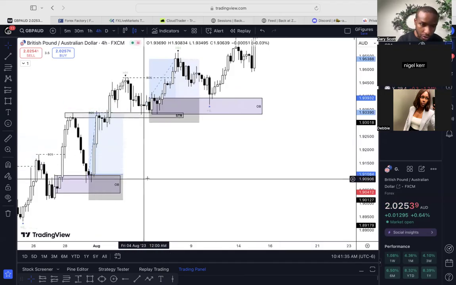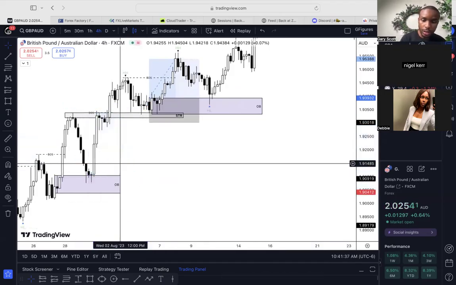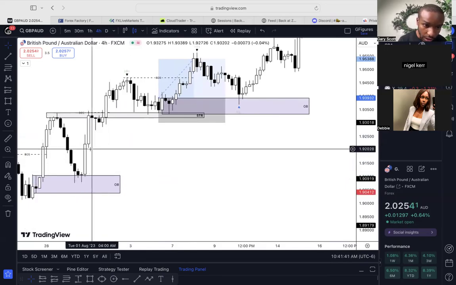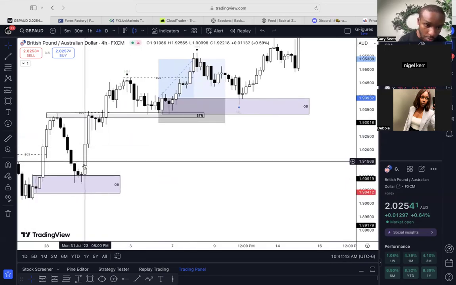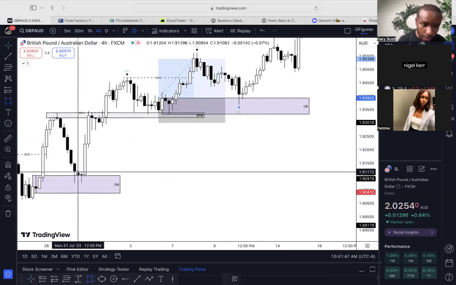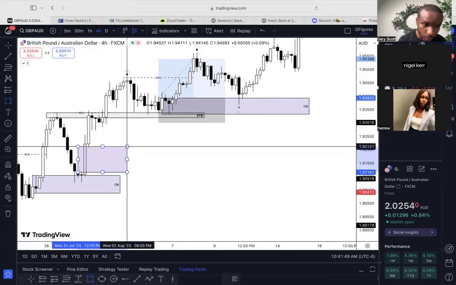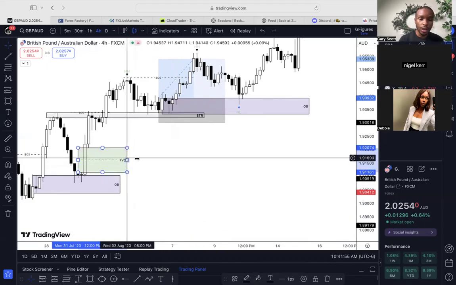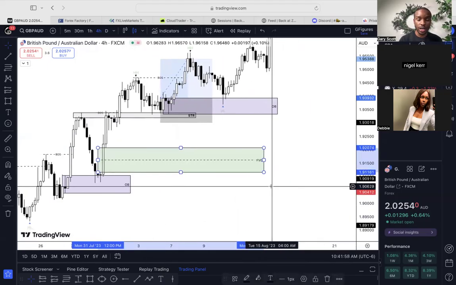For example, price left a fair value gap here. If we look at this, let's take this away. You see how this candle's wick and this candle's wick do not meet within the body of this candle? That gives us our fair value gap level, from wick to wick, and it's never been touched.